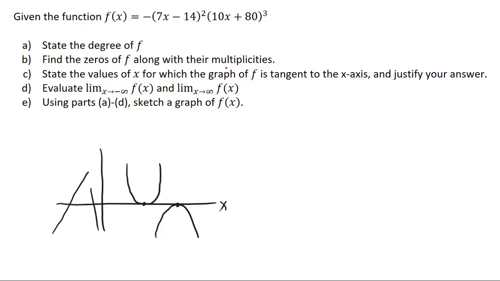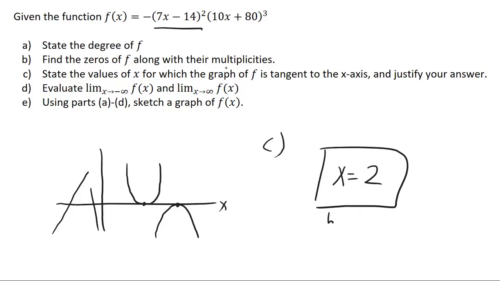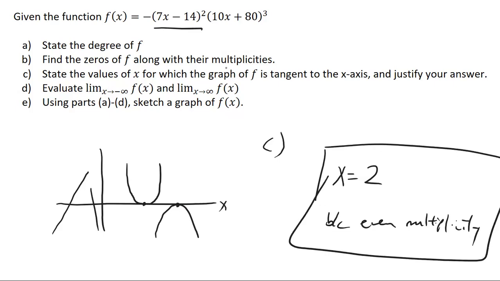So, as I was saying, when it's an even multiplicity zero, that's when it doesn't cross. So the value for x would be x is equal to 2, the one over here. So we can even say because even multiplicity. Actually, we have to say it because it says justify your answer.